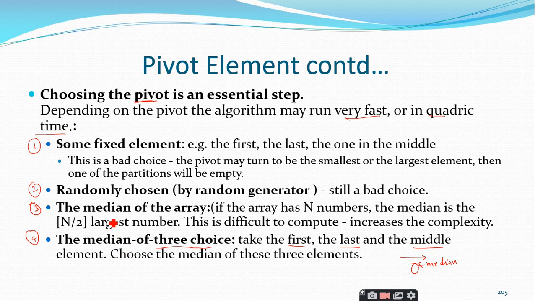The same is the case with the median of the array. Array is nothing but the list of elements. When you have a list of elements, to find the pivot element, you have to arrange all the elements in sorted order, and then you have to find the middle element, which is a very excessive work you have to do. So, it increases the complexity. Why?